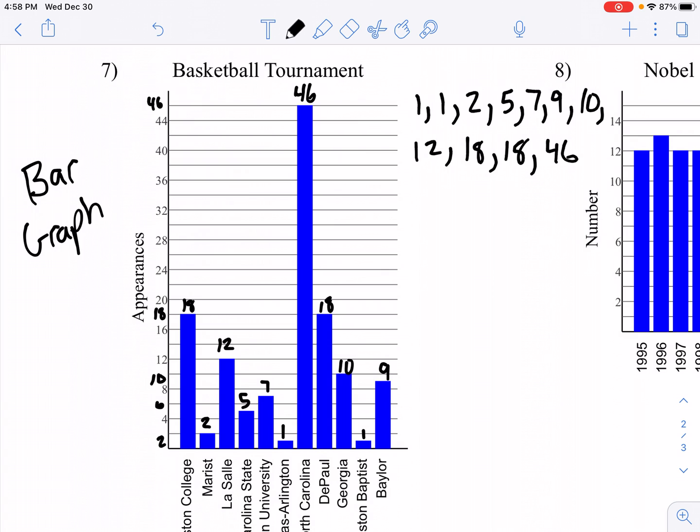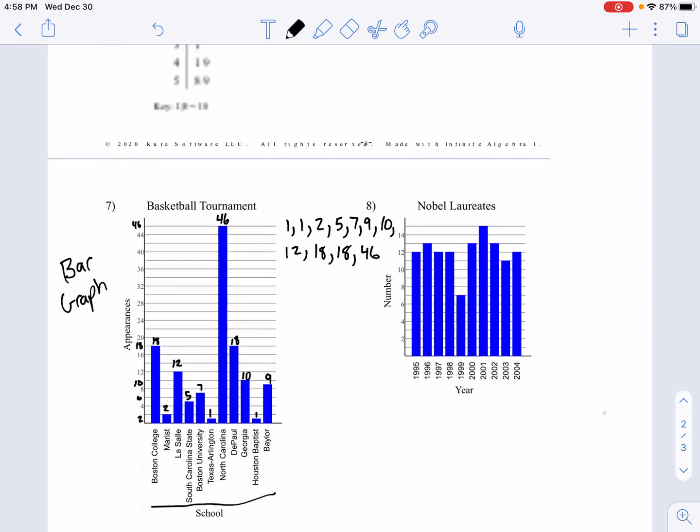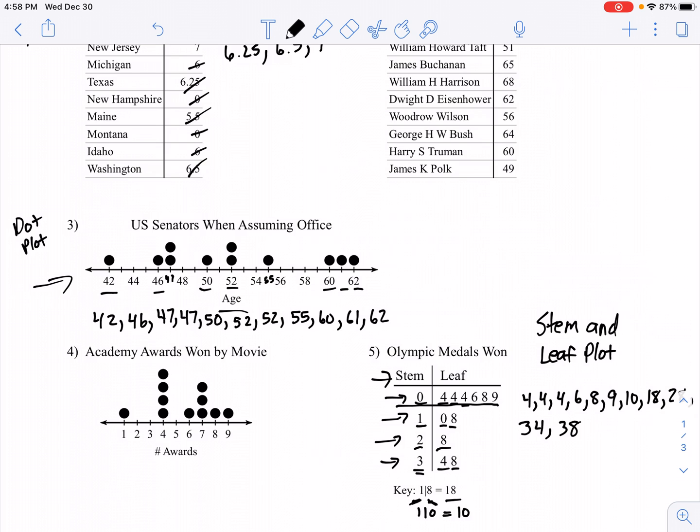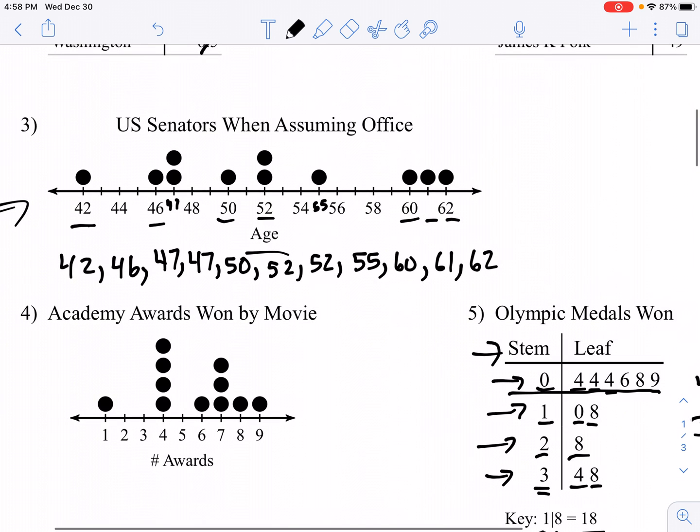Looks good. Okay, so then this would be our list of values here for the mean, median, mode, and range, in which we can determine maybe the mean number of times or the average number of appearances a certain college would make at the basketball tournament. Okay, now a bar graph and a dot plot are similar because they compare things, and if you look at the dot plot, it kind of looks like a bar almost.